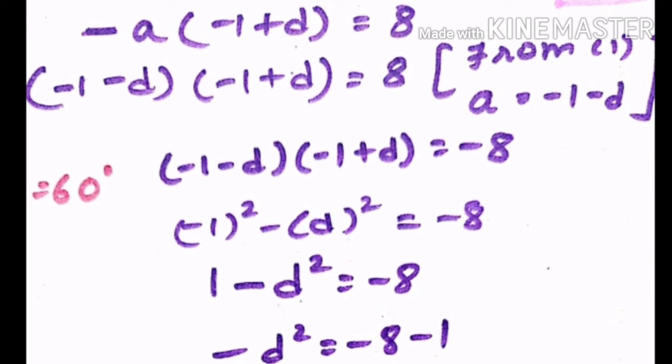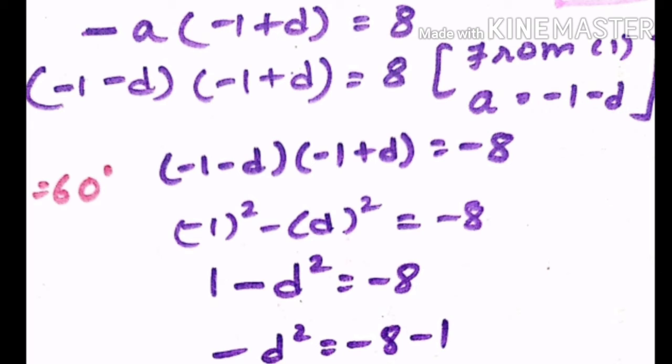Now you can take this minus sign from the left side to the right side as minus 8. So on the left side I have only two brackets now, minus 1 minus d times minus 1 plus d is equal to that minus sign transferred to the right hand side, that is minus 8.